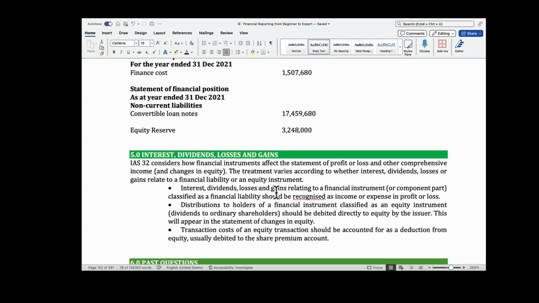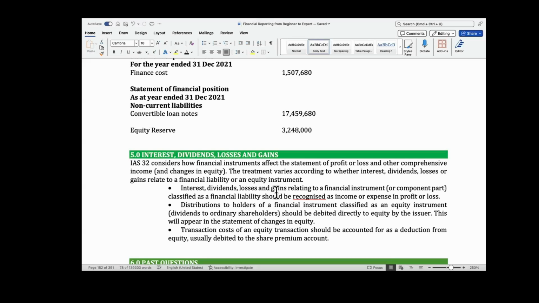But if what he issued is an equity instrument or share capital, the dividend he pays to the investor will be treated as a share of profits.